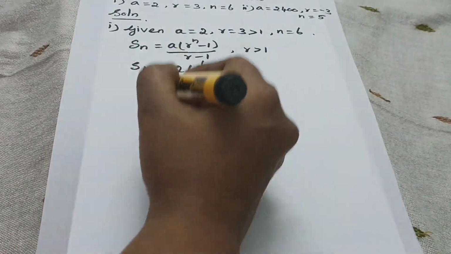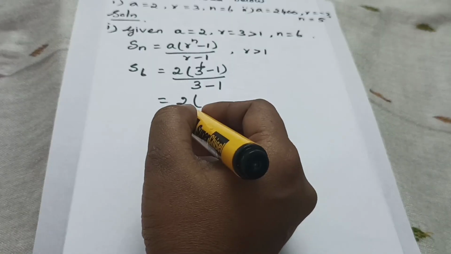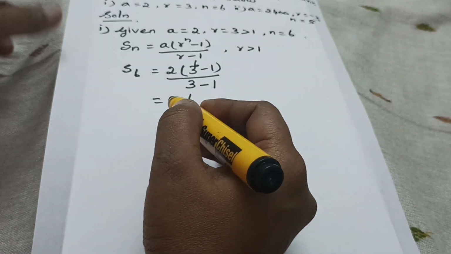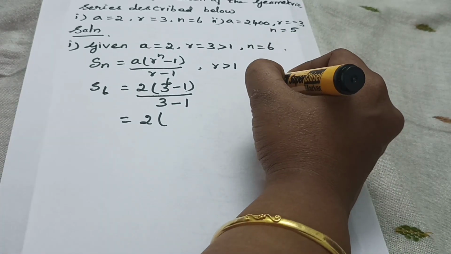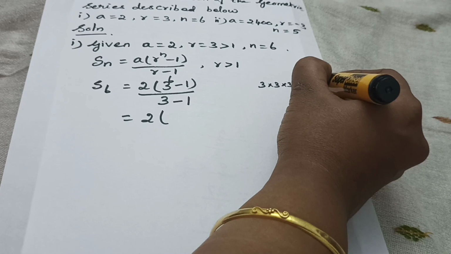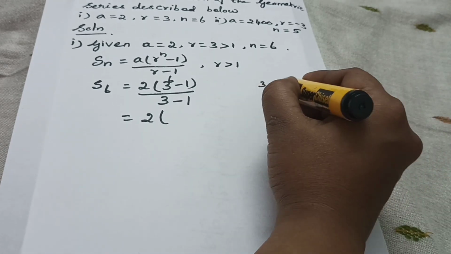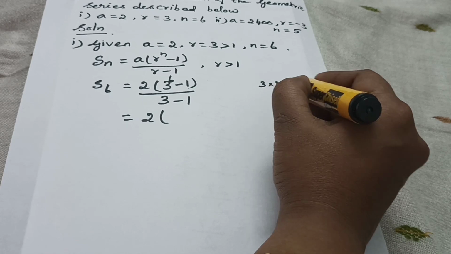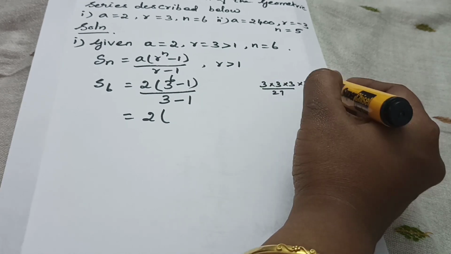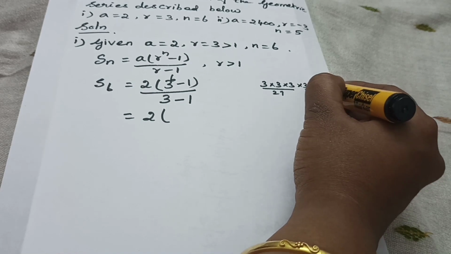Am I correct? Then equal to 2 into 3 power 6. 6 times we have to multiply: 3 into 3 into 3 into 3 into 3 into 3. 3 3s are 9, 9 3s are 27. Here 3 3s are 9, 9 3s are 27.